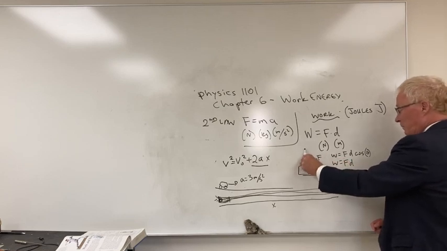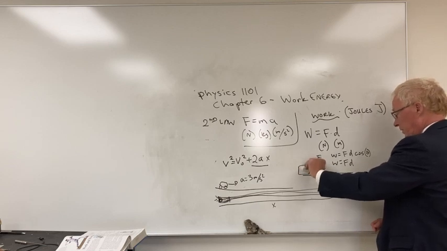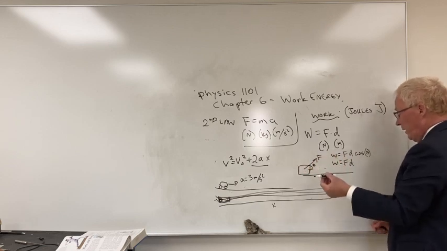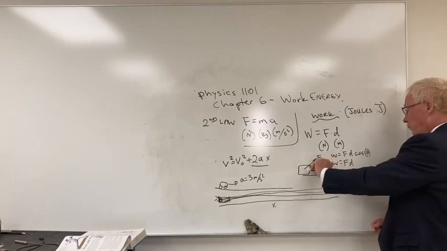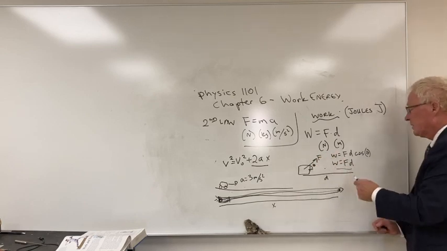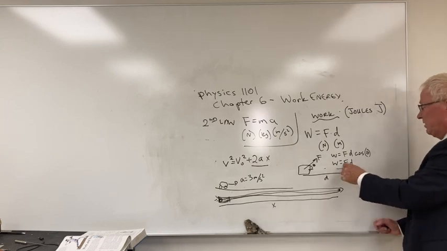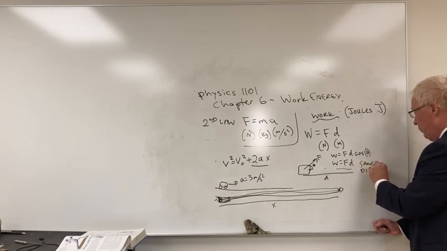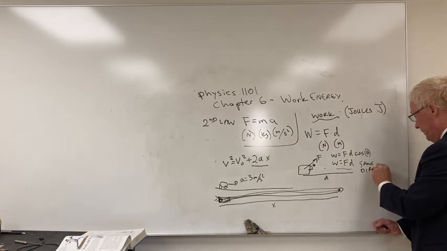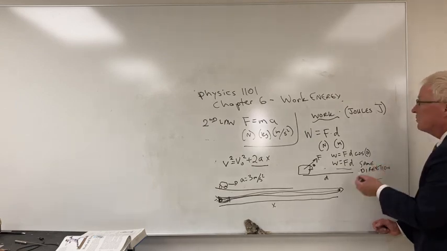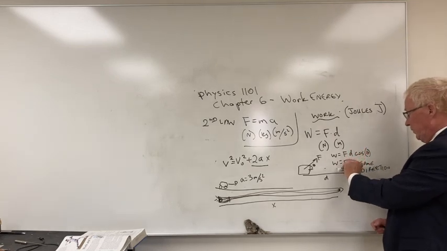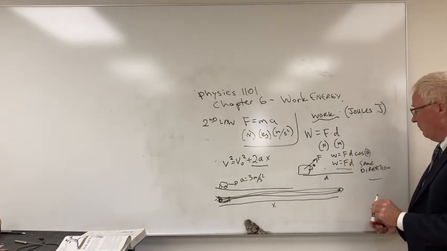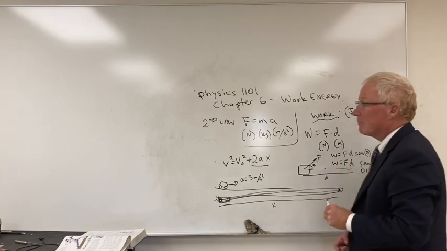If we pull the block straight up, it's perpendicular and it just slides. We're not doing any work on it. So the work is a maximum if the force and distance are both in the same direction. And that'll be pretty much the basis of what we're going to be doing for this chapter, is simplified so force and distance are in the same direction. But keep in mind that, all right?